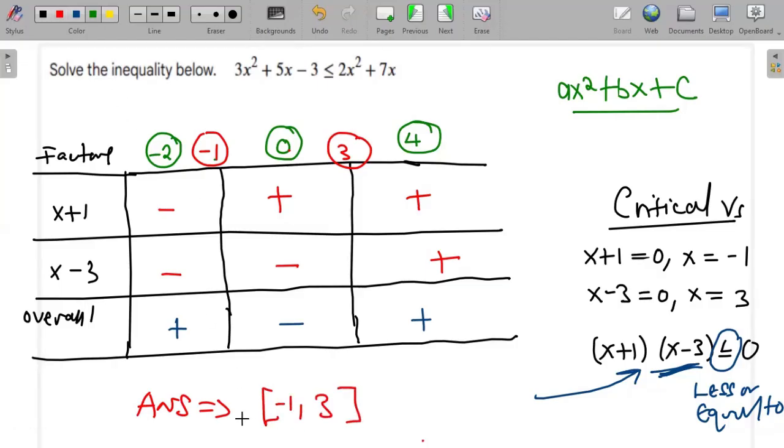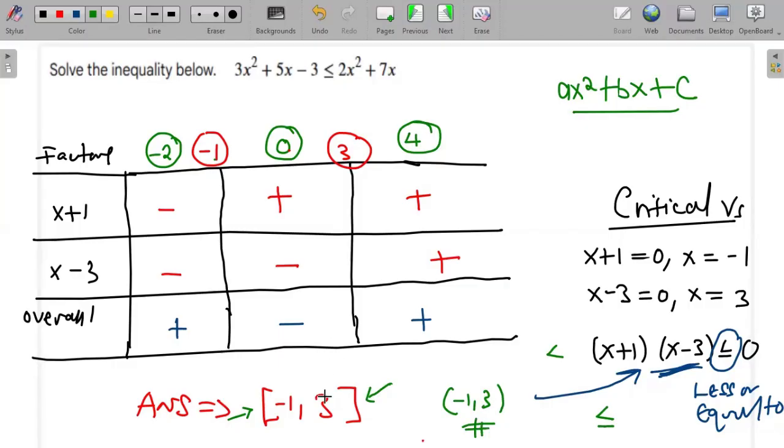Now why am I putting square brackets here? You have to know the reason. The reason is because in the inequality, I have less than or equal to. This "or equal to" means that the boundaries should be included. No wonder I'm putting a square bracket there. If it was just less than, then our answer would be a curved bracket at -1 and 3 with a curved bracket, like that.